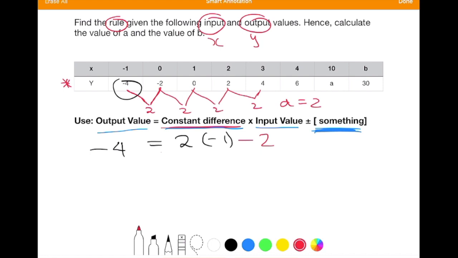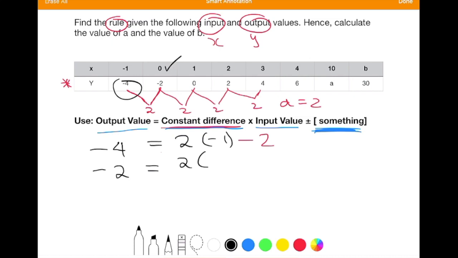Now let's check whether that number pattern is consistent for all the other values. So let's move on to -2, which is the second value of y there. Now -2 is written as constant difference, which is 2, multiplied by the input value. What is the input value for -2?